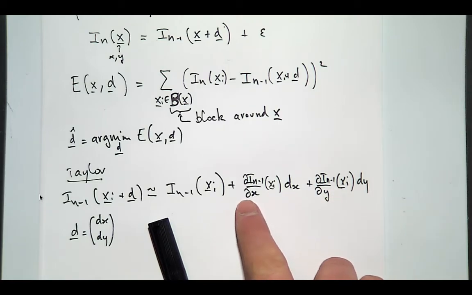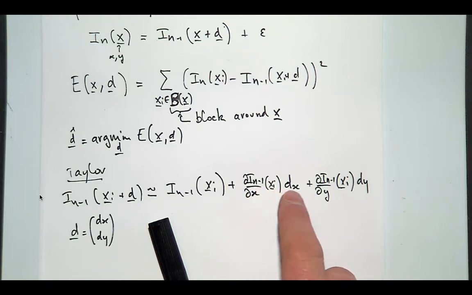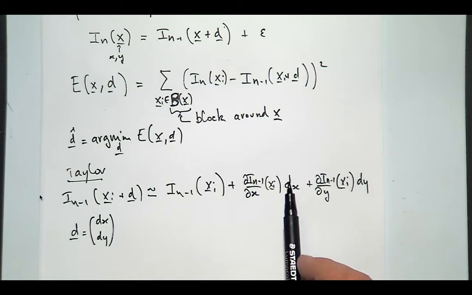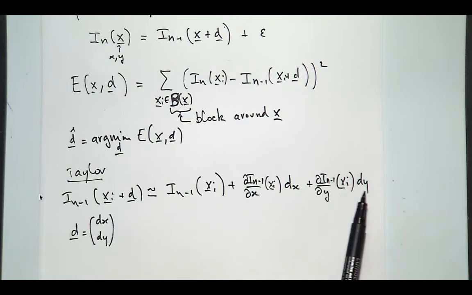This is the variation of the picture along the direction x, and this is the rate of change in direction y. So you look at the two rates of change, both in the horizontal and vertical direction, and you combine the rate of change and the actual amount of change you bring for both directions. So that's simply Taylor expansion in 2D.